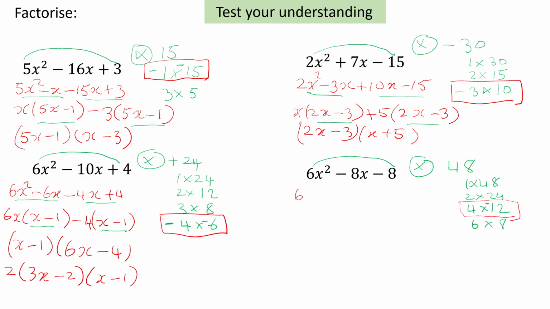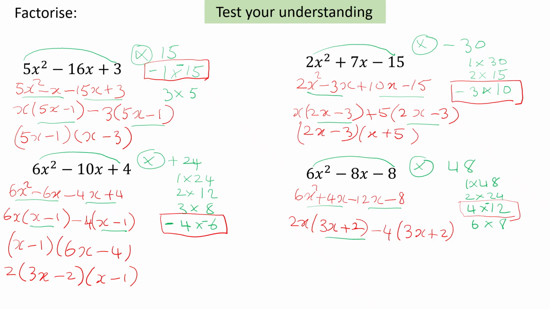So 6x squared plus 4x minus 12x minus 8. Factorize this: 2x(3x + 2) minus 4(3x + 2).